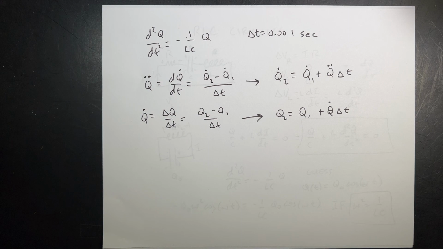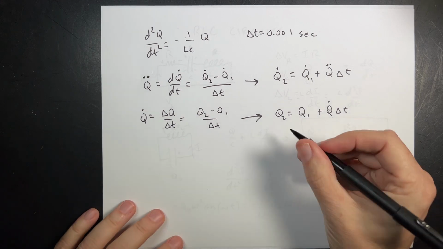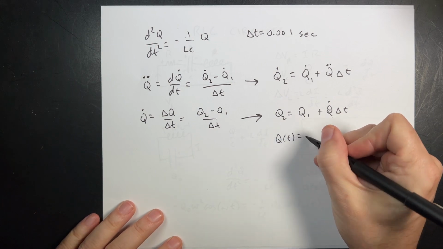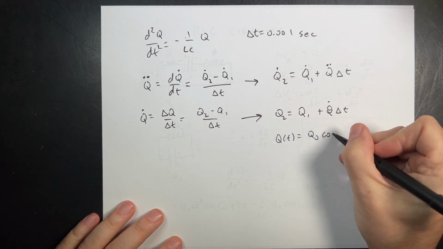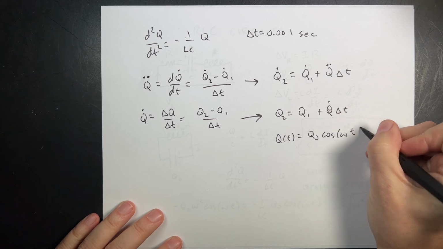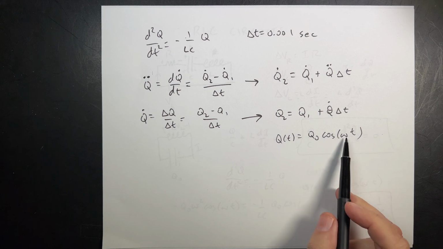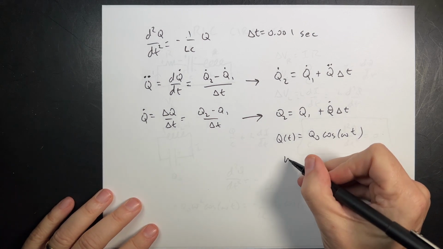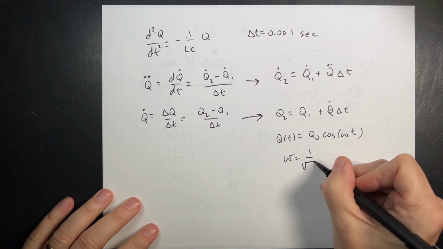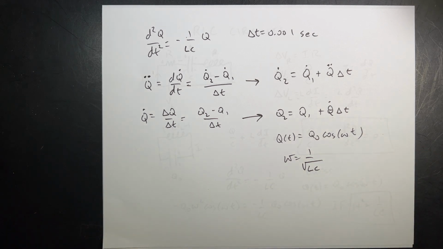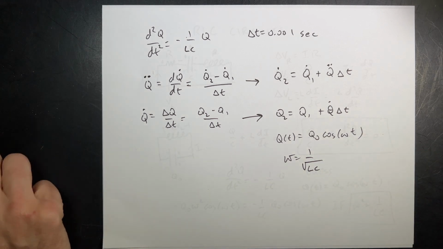We can plot Q as a function of time, and we can compare that to Q as a function of time, Q0 cosine omega t. So we're going to do it two ways. We're going to do this, and we're going to plot that. I do need values for omega, which is 1 over the square root of LC. So I'll get those from the simulator, so it'll be the same. Let's jump to Python and let's do this.